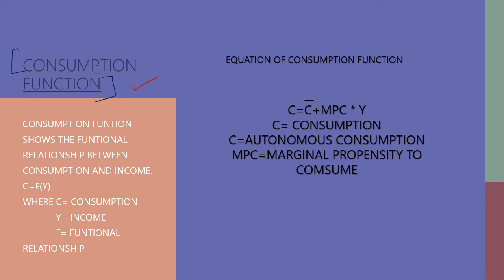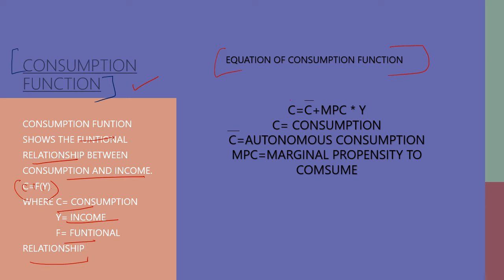So that is a functional relationship between consumption and income. Consumption function is equal to f of y, f of your income. It depends on your income. C is consumption, y is income, and f is a functional relationship. Okay, and this equation is used for your numericals.